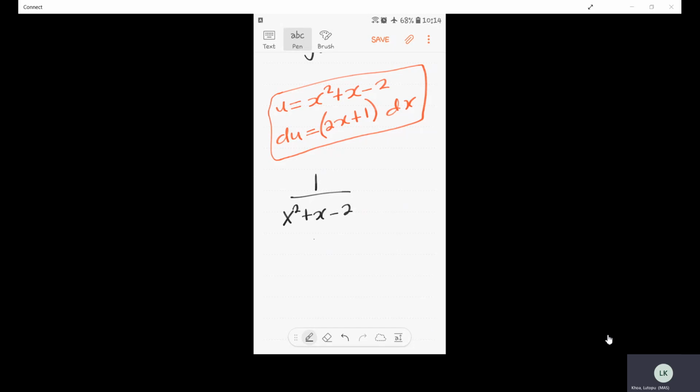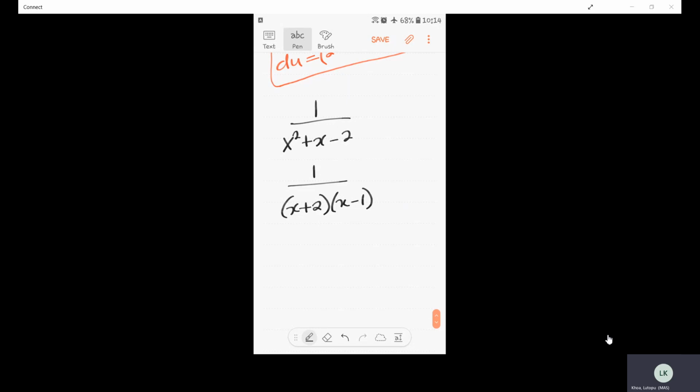This is just 1 over x plus 2, x minus 1. So I factorize the denominator and then I will decompose it. I get A over x plus 2 plus B over x minus 1.